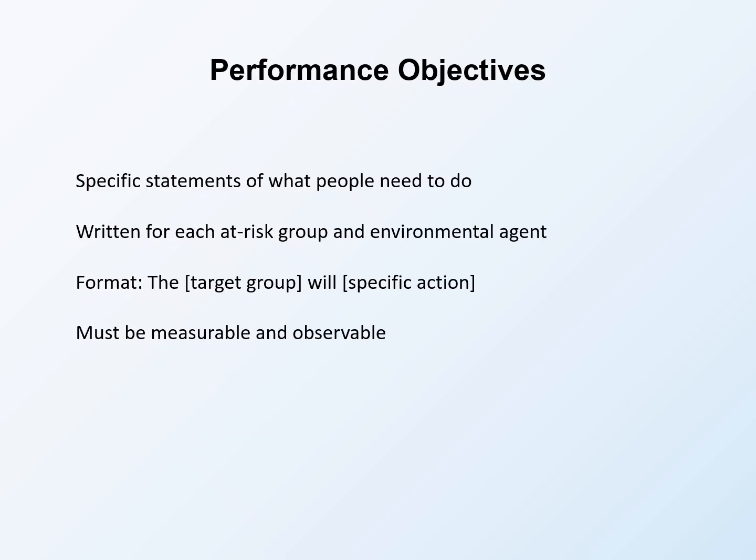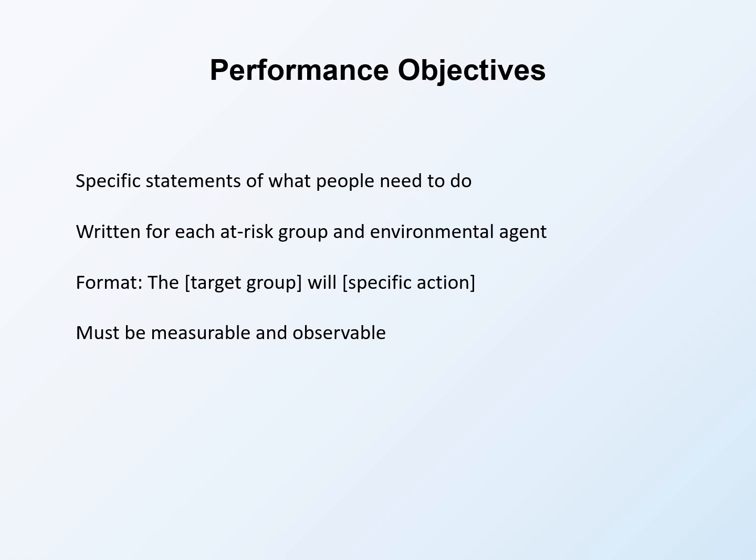Once we understand the behavioral and environmental factors, we write performance objectives. These are specific statements of what people need to do for the health problem to improve. Performance objectives are written for each at-risk group and also for environmental agents, the people who control environmental factors. The format is simple. The target group will take a specific action.